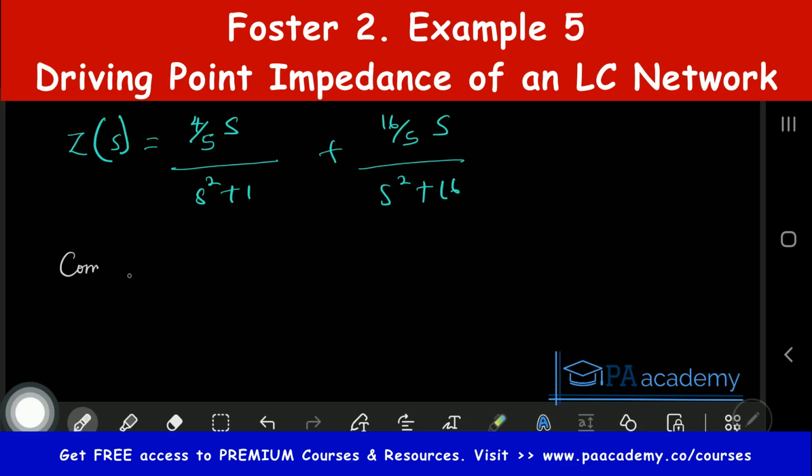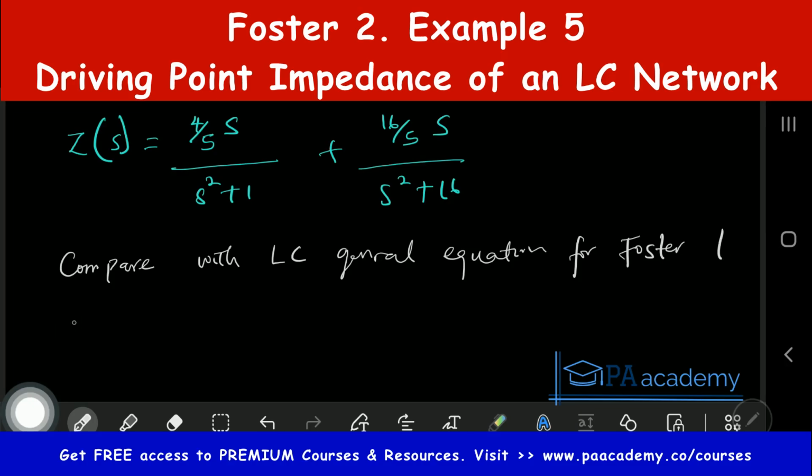We already know that it's LC network, so compare with the LC general equation for Foster 1.